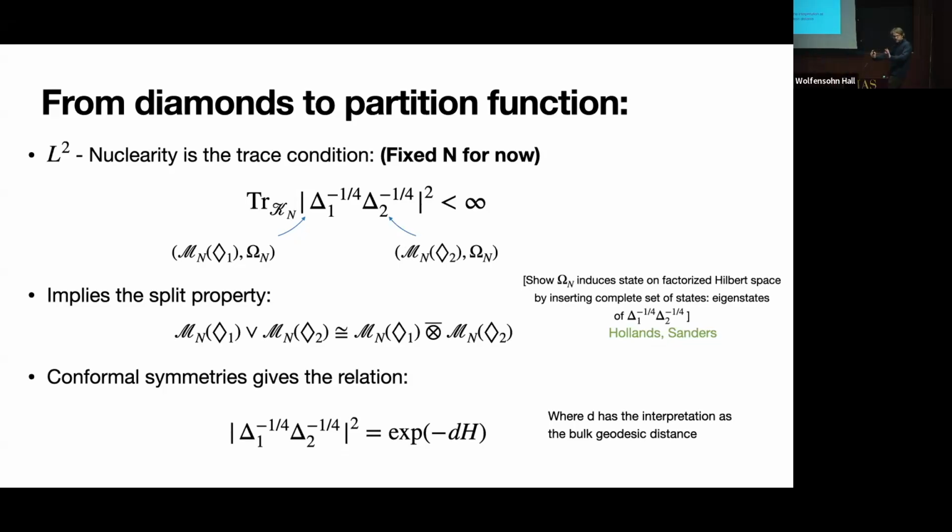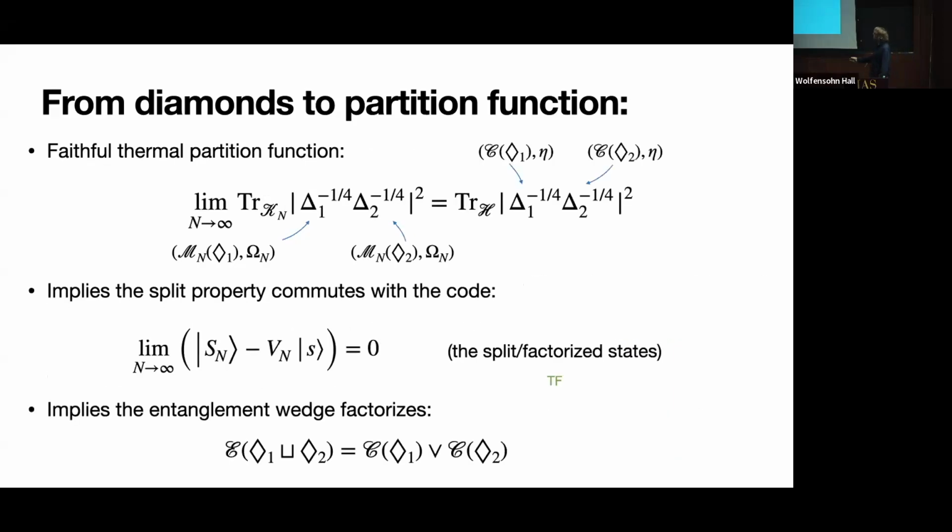So it's non-trivial that that state exists, but it's represented by some vector. If that sequence of vectors commutes with the corresponding vector in the code subspace, then you can use this property to prove this, and then this proves that the entanglement wedge factorizes. This is perhaps not so surprising because the split state means that everything sort of factorizes naturally.